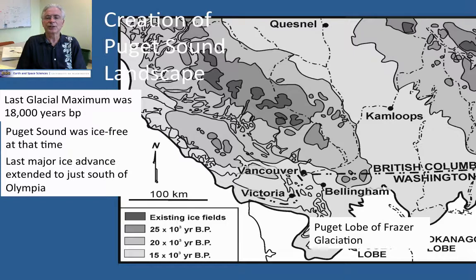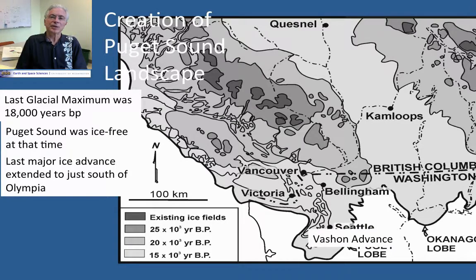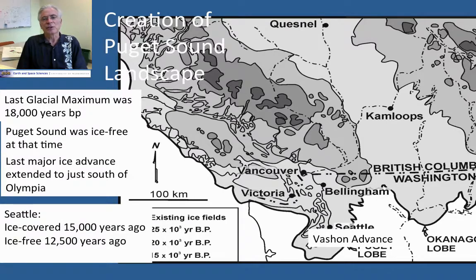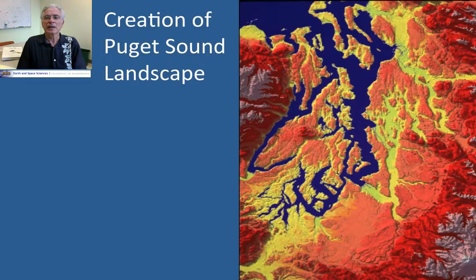So the Fraser glaciation is the last large expansion of the Cordilleran ice sheet, and the very last pulse of that ice sheet down is called the Vashon Advance or the Vashon Stade. So Seattle was ice-covered 15,000 years ago, but it was completely ice-free by about 12,500 years ago. So let's walk through what the steps were in creating the landscape we see today.